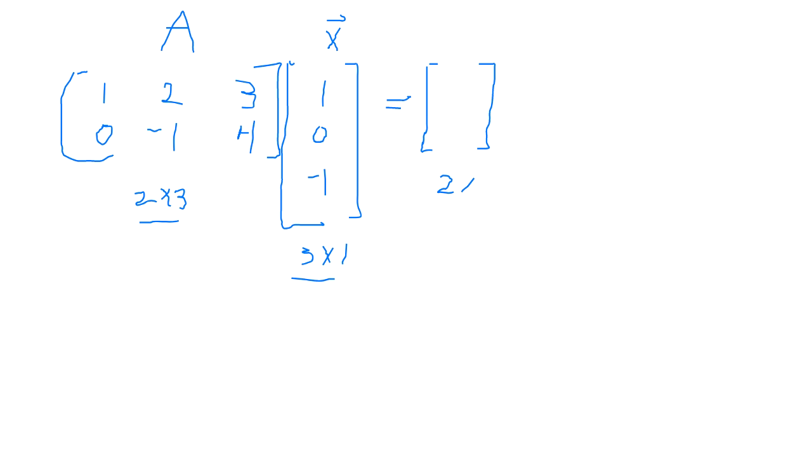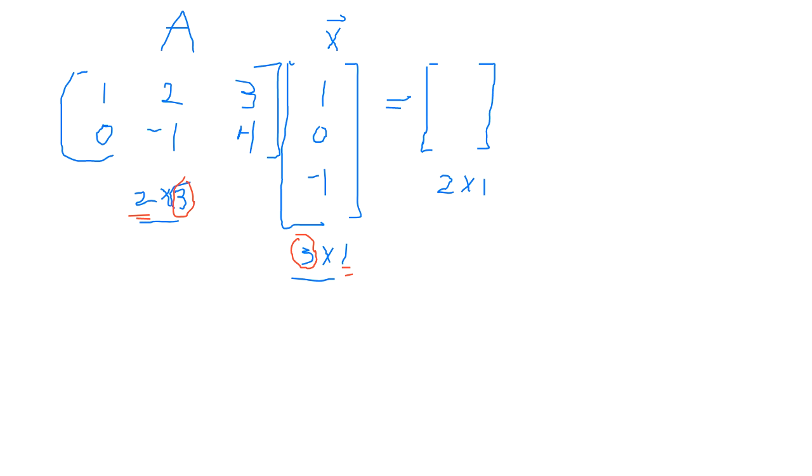It's got to be a 2 by 1 because the column number on matrix A matches the row number on the vector x, but then what's left is a 2 by 1. And you've done this kind of thing before, taking a matrix and multiplying it by a vector. Let's see, what's the value going to be here?